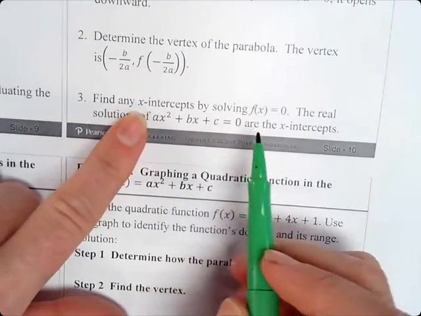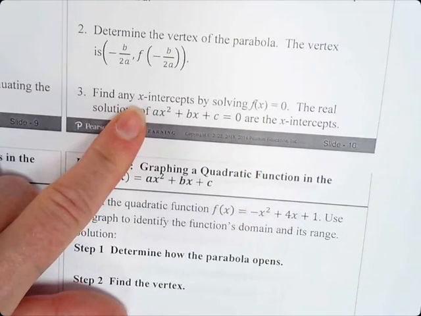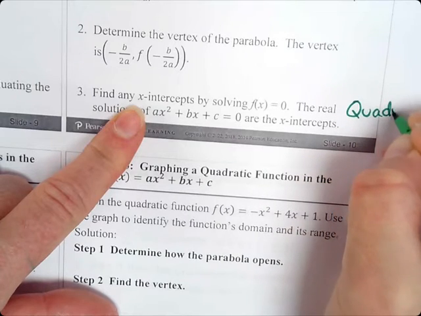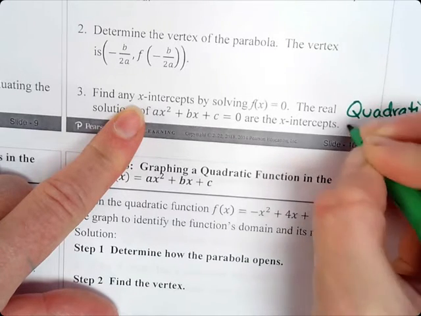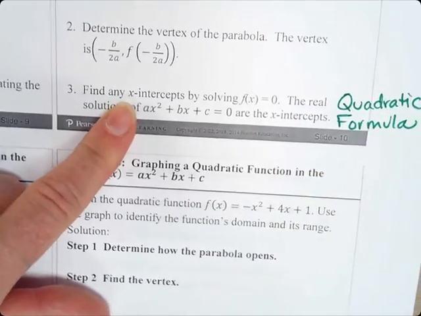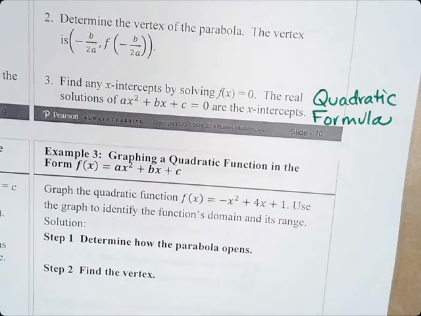Intercepts, to find our x-intercept, we're solving for the x-intercept. So we are most likely going to use our quadratic formula, unless you can factor it and solve it that way.